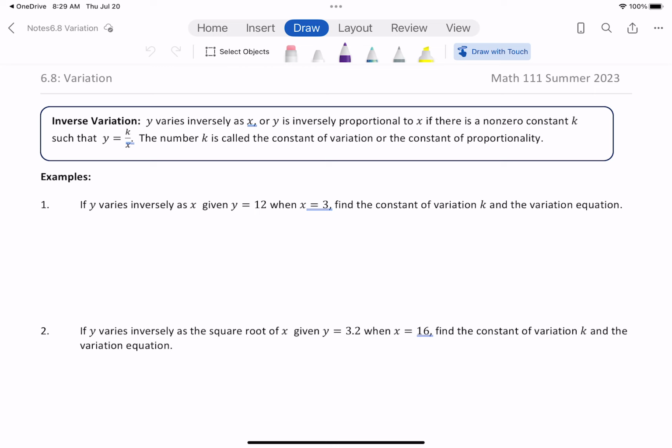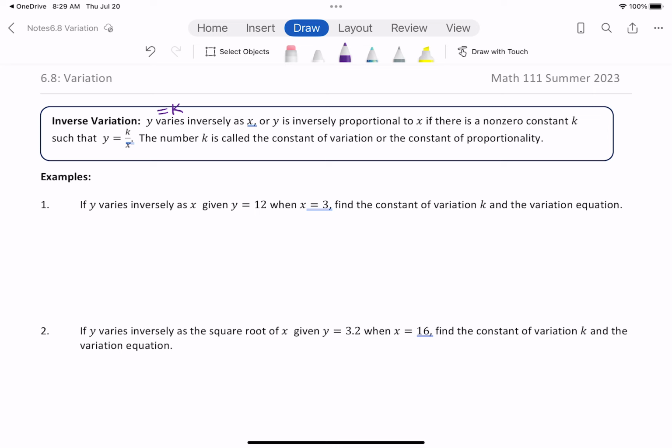The second type of variation problems we're going to look at are called inverse variation. We read this as y varies inversely as x, or y is inversely proportional to x. And remember, when we see the word varies, that will be equals k.